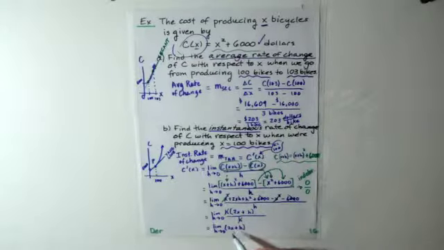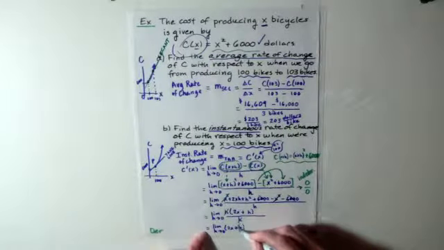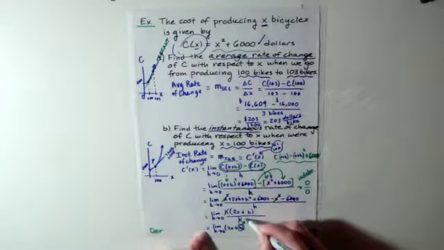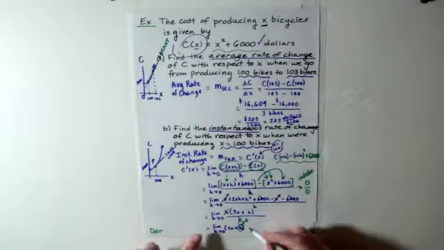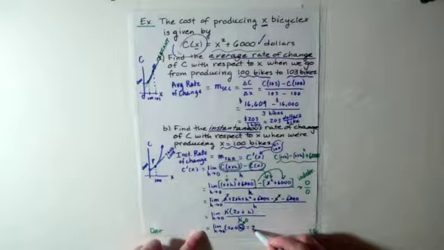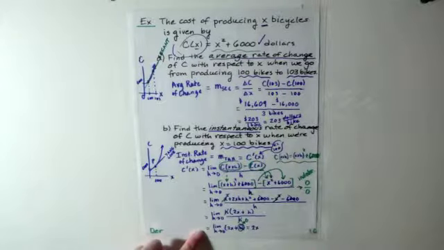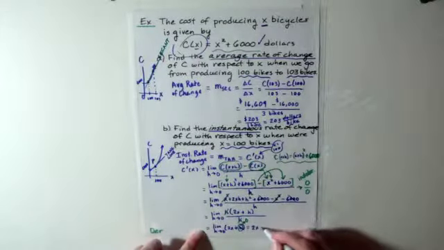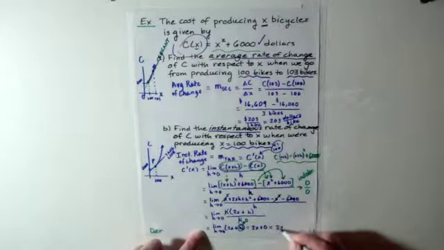Remember, the x is unaffected by h going to 0. It's like a constant as far as h is concerned. So the only thing that's going to 0 here is my h, and when I allow h to go to 0, I end up with 2x. That acts like a constant. Limit of a constant is a constant. Plus, and I use direct substitution on h, I get 0 there, so I end up with 2x.